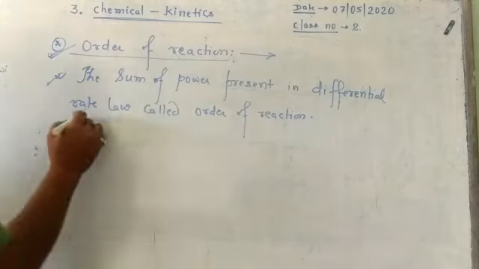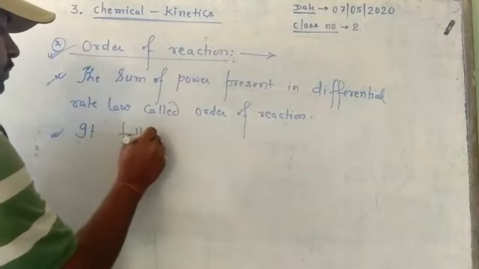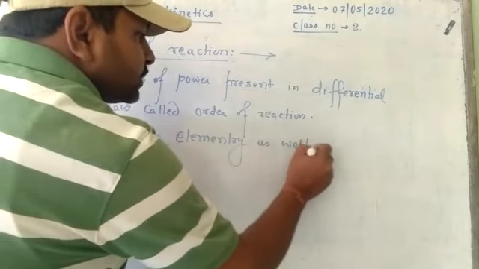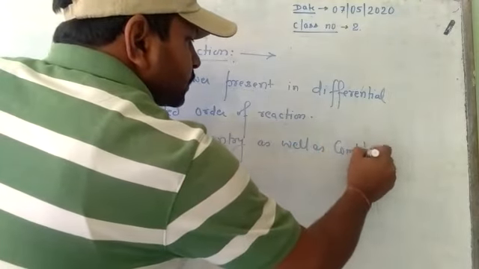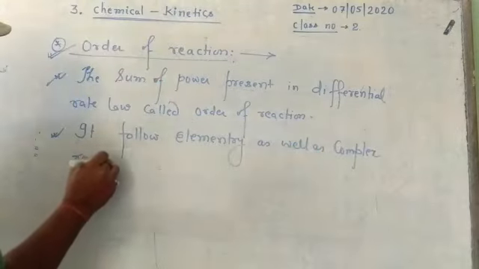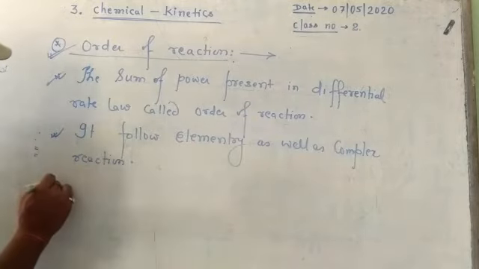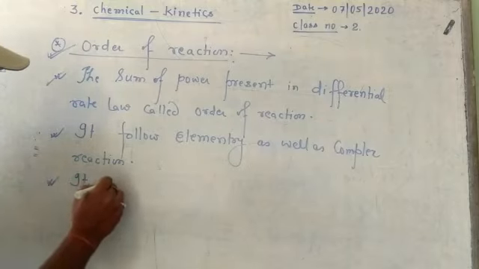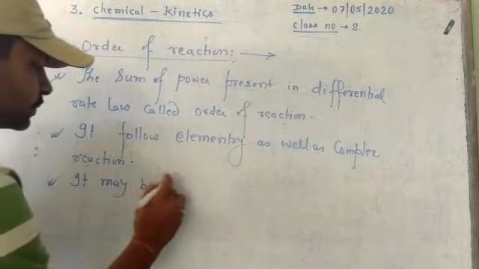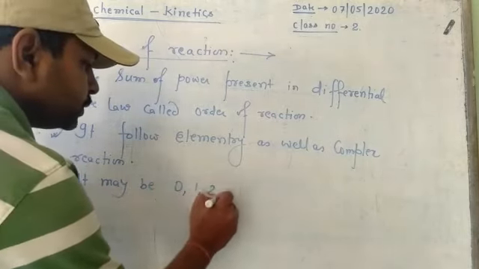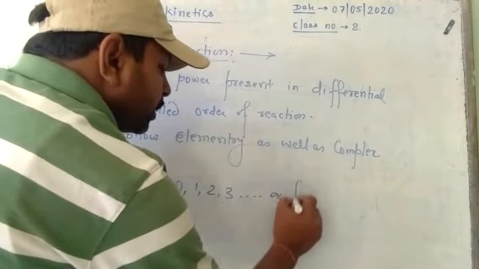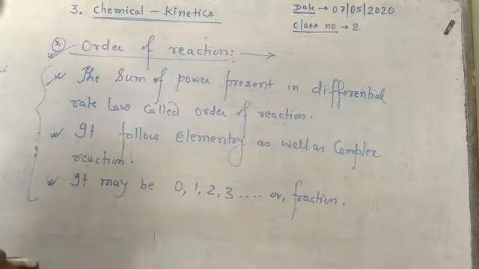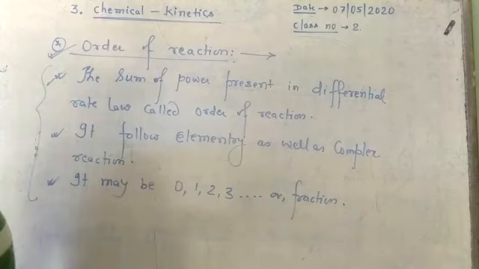Second of all, students, it follows elementary as well as complex reaction. And third one, students, it may be 0, 1, 2, 3 or fraction. These three points are very important, students, to understand the order of reaction.